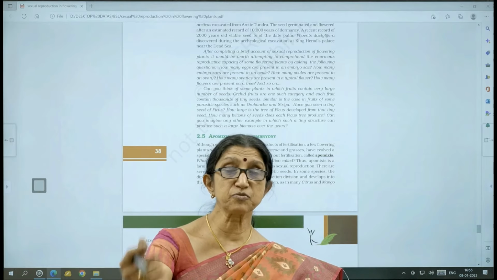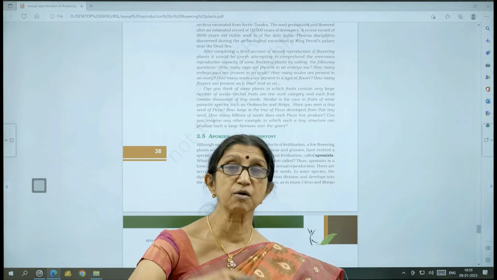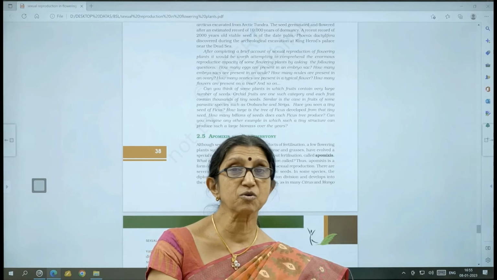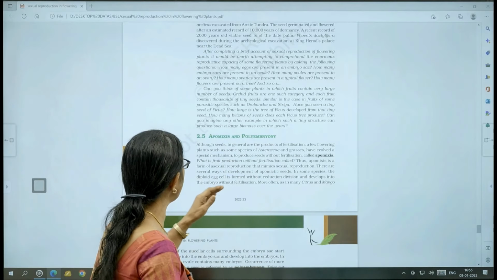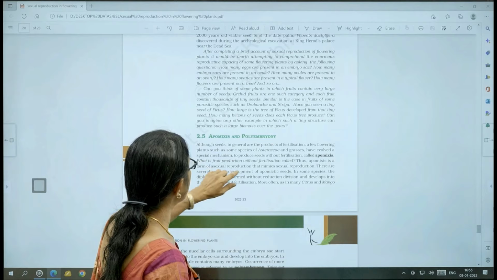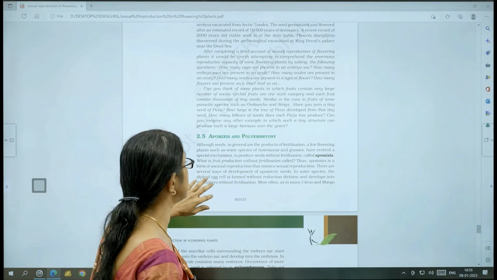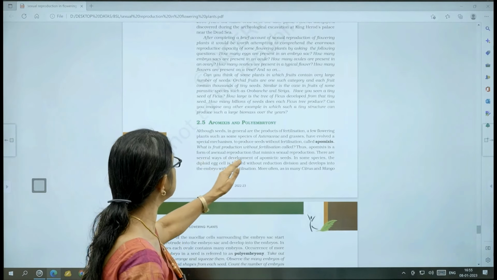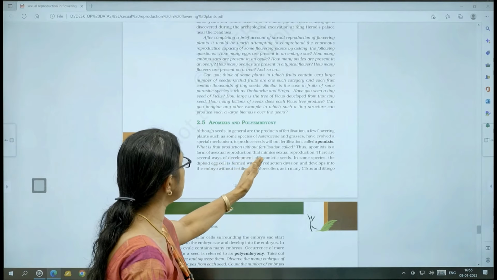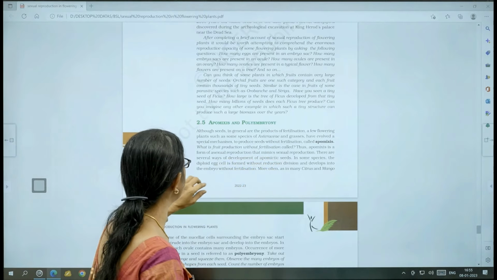In certain plants we can see the formation of seeds without these two processes, and that is called apomixis, that is, fruit formation without fertilization. So apomixis is a form of asexual reproduction that mimics sexual reproduction.